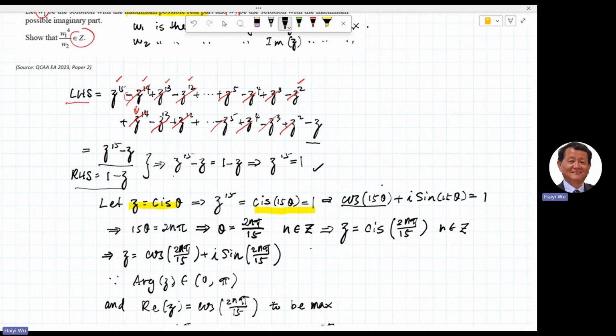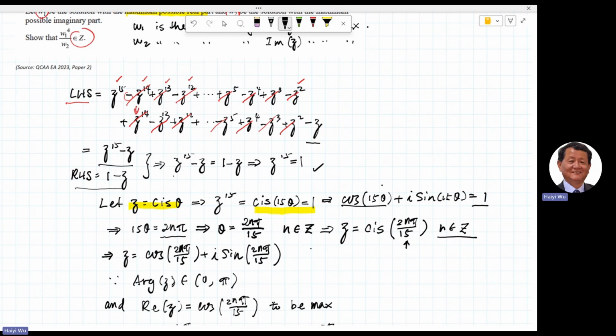So cosine 15 theta equals 1, so 15 theta must be 2n pi, because n is an integer. So it has unlimited solutions. The theta is 2n pi divided by 15. So now we find that the argument is 2n pi divided by 15, and Z is cis 2n pi over 15.